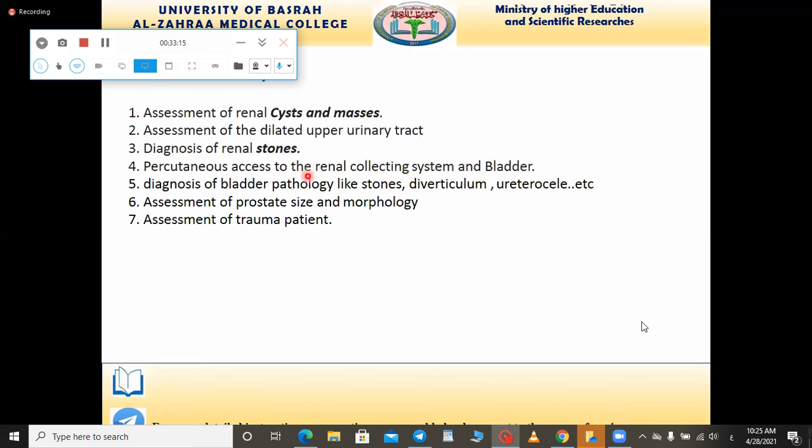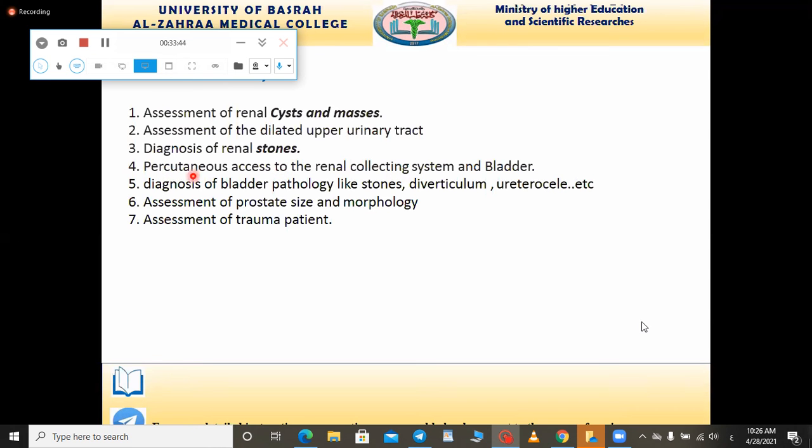Fourth, percutaneous access to the renal collecting system. A lot of procedures are done through the skin to the collecting system, I mean to the renal pelvis or to the bladder. With the help of ultrasound, this procedure will be very safe. Ultrasound will show us our way to do this procedure.